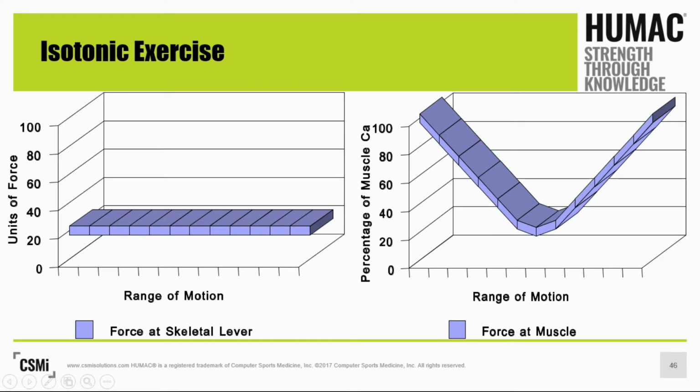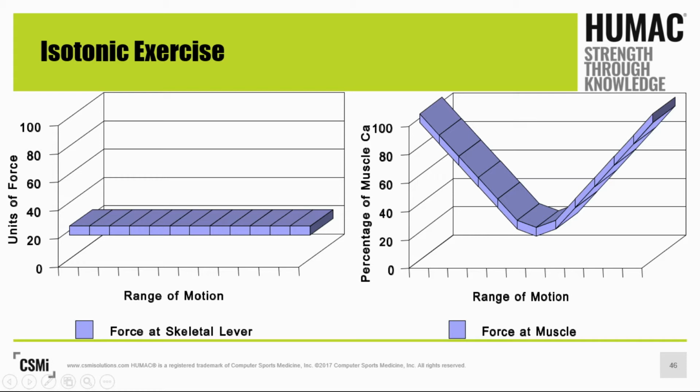This slide shows the same graphs we saw with isokinetic, except for now they represent isotonic exercise. The graph on the left plots force along the y-axis with range of motion along the x-axis. Because the resistance is constant, the line is straight. The graph on the right plots percentage of muscle capacity along the y-axis and range of motion along the x-axis.